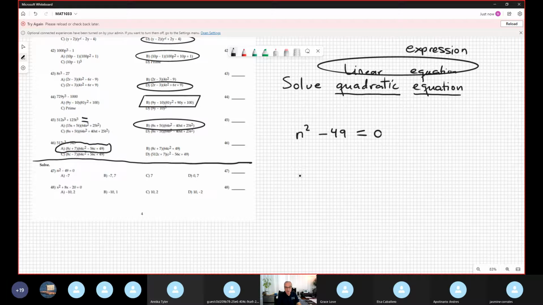When you see an equal sign, this equal sign indicates it is an equation, right? No equal sign, expression. And an expression, you can never solve it. You factorize, maybe. So now, when you face this problem, you temporarily forget the equal sign, and you focus 100% on the algebraic expression.